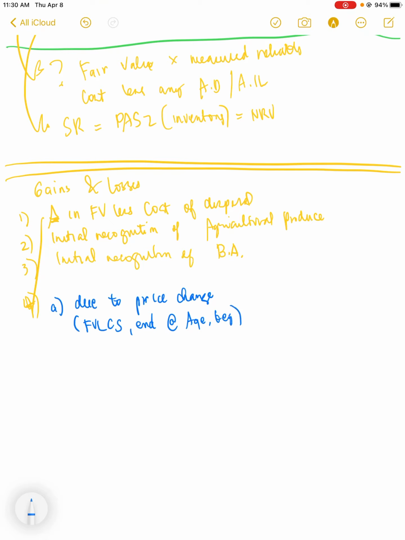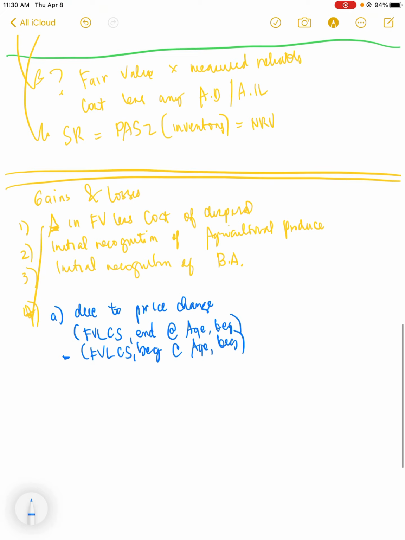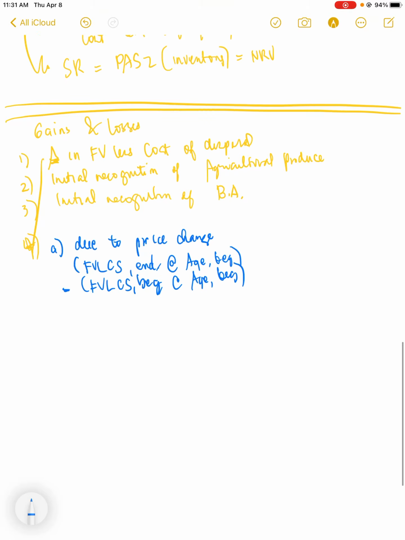So, ayan po yung 1-year-old, for example. And then, you will deduct from it the fair value less cost to sell at the beginning of the period using the same age. Ibig pong sabihin, hindi nagbago yung age na pag-uusapan natin. Instead, ang mag-iiba ngayon is yung fair value niya nung beginning at saka nung end.